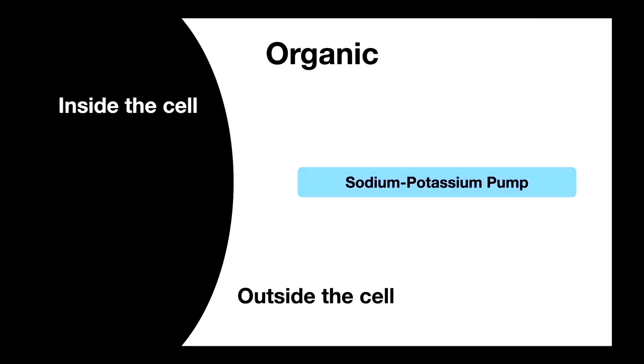But there's an active process called the sodium-potassium pump that goes against that grain. So here we have this chemical process that is embedded in the cellular membrane, and it acts upon sodium and potassium in a particular way.